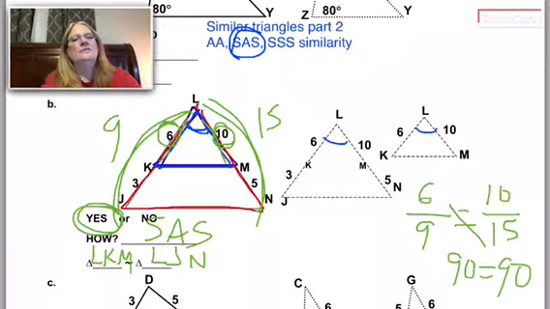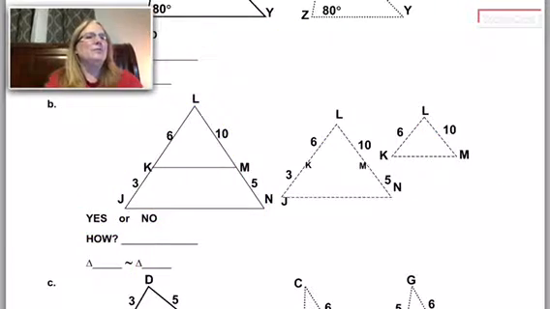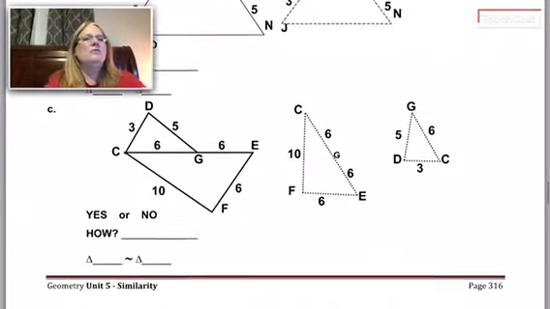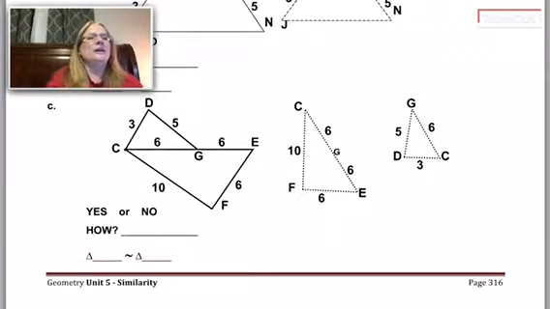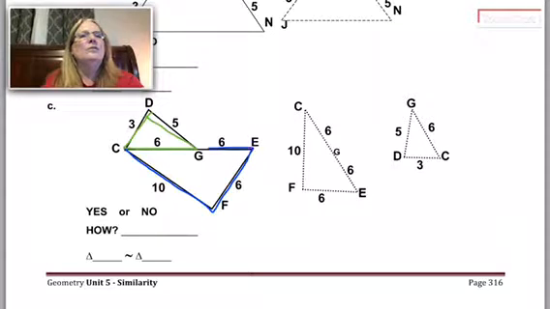Okay, so let's look at our next example. So in C, what I notice here is that I do not have any angles. And again, they drew this for us, but let's look at it ourselves. We have this triangle, and then we have a bigger triangle. And what you want to look at is the sides.